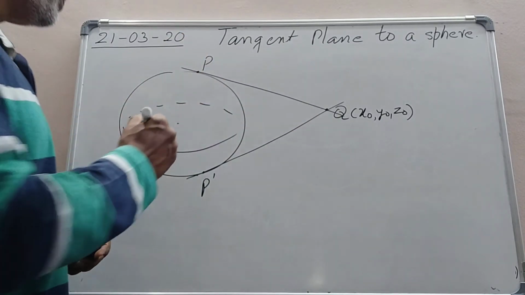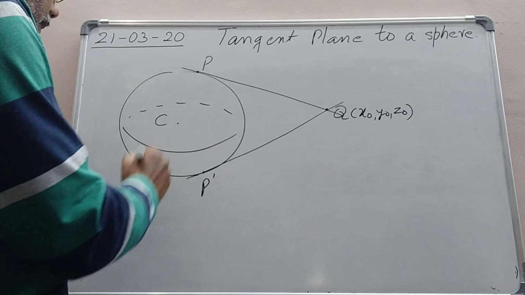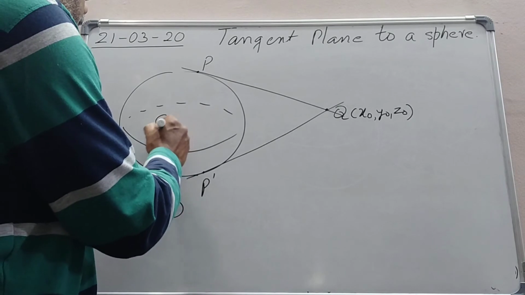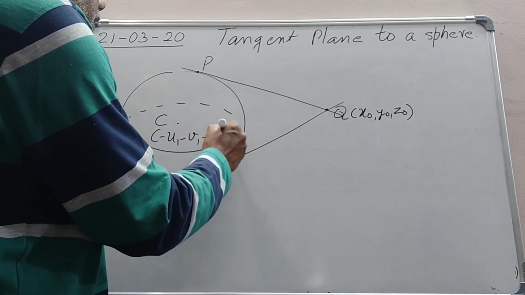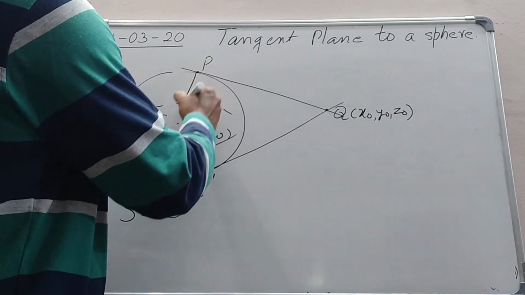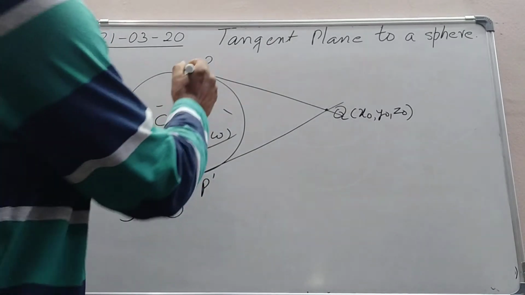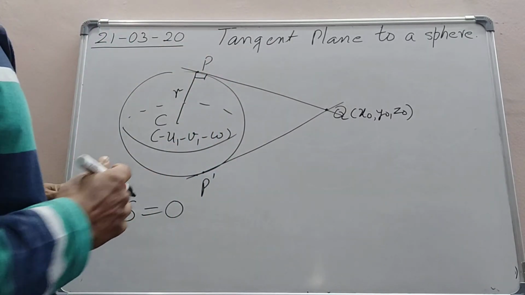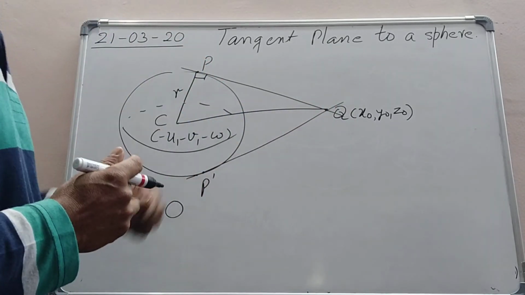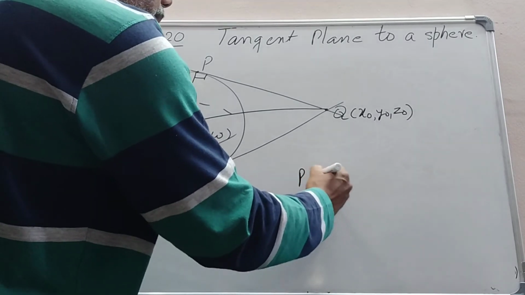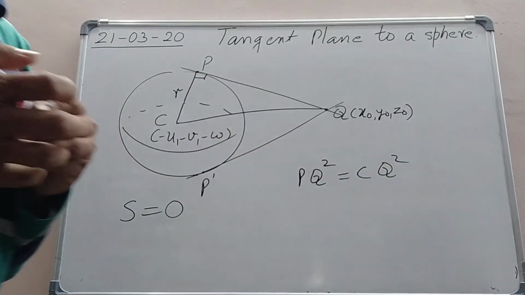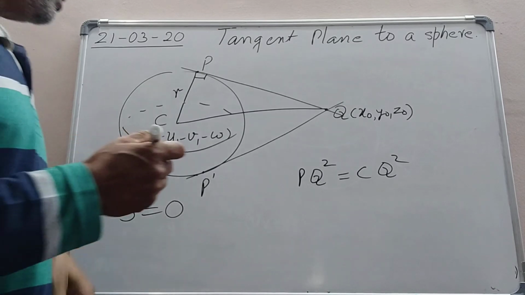The idea is very simple. C is the center. Equation of the sphere is S equal to 0. And the coordinates of C are minus u, minus v, minus w. This is the radius r. What you have here is a right angled triangle where CQ is the hypotenuse. And therefore you can use Pythagoras theorem and you will get PQ square equal to CQ square minus r square.